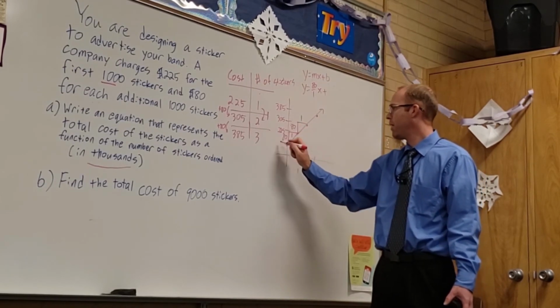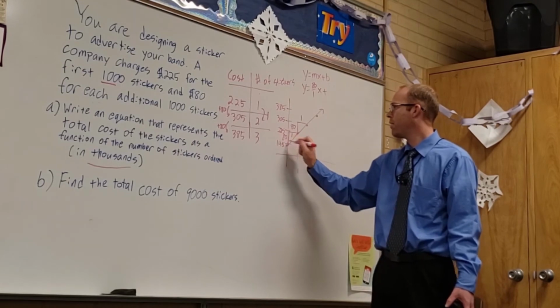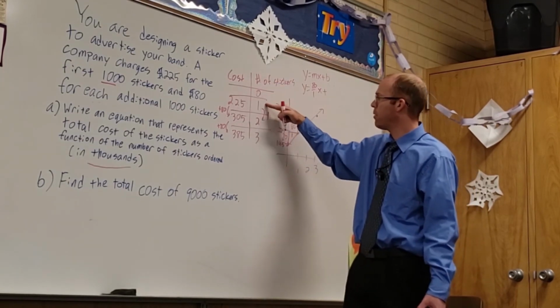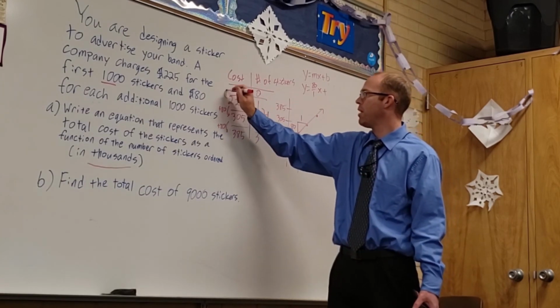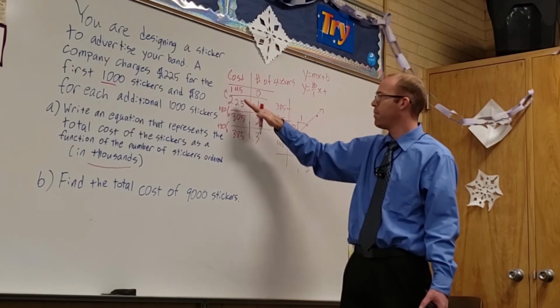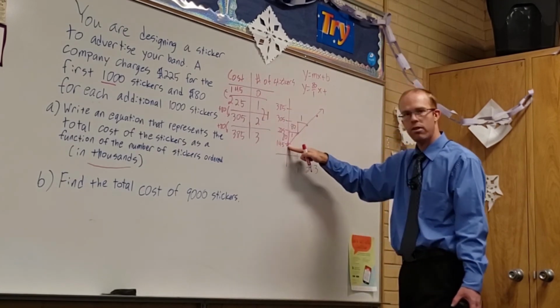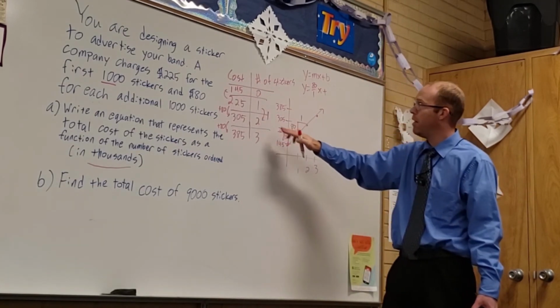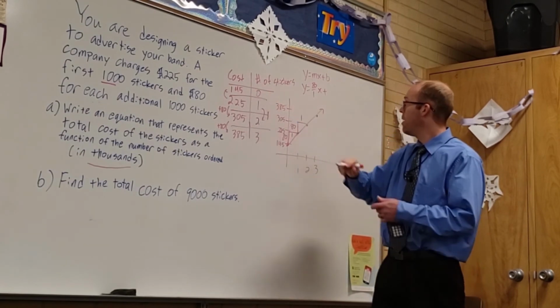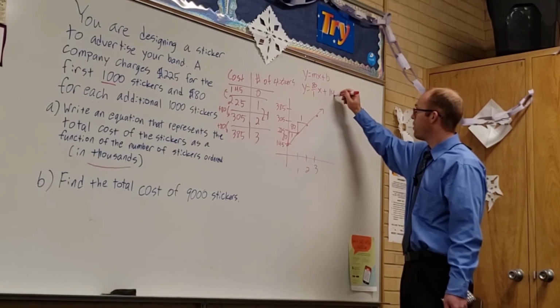So that would be a value of 145. Or we could go back a step in our table of values by going back 1, and that would mean we'd have to subtract 80 to get 145 there. Either way, we recognize, hey, here's the picture of our y-intercept. Here is our y-intercept because we can see the 0 right there for the x. And we have our y-intercept at 145.